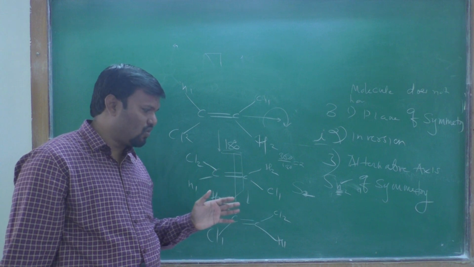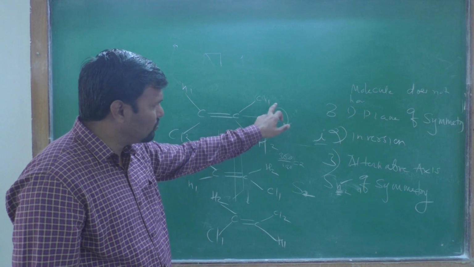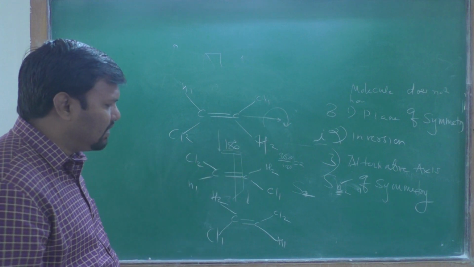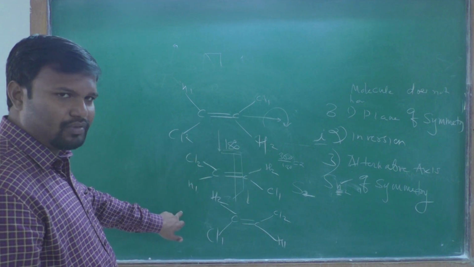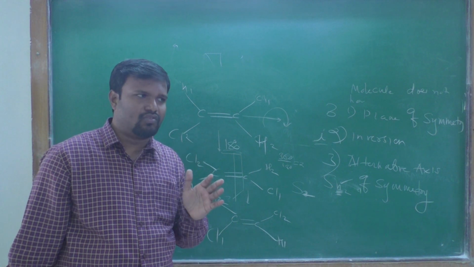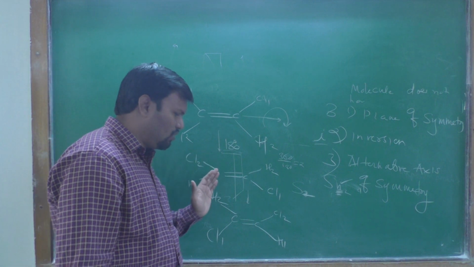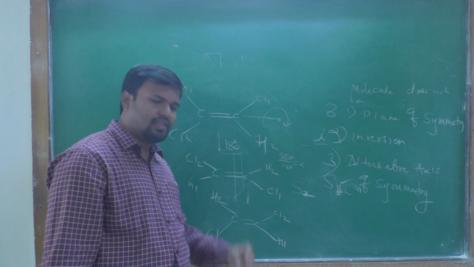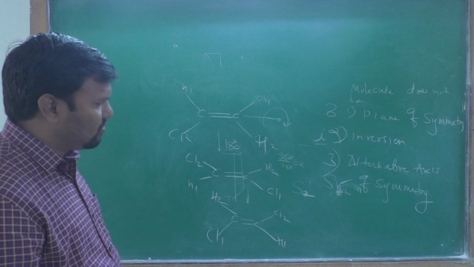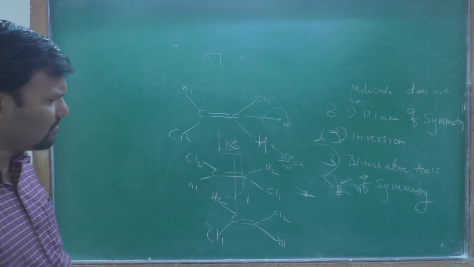Same means identity. Here it is Cl2, Cl1, which is not identity. An equivalent orientation is obtained; first and third are the equivalent orientation. After you rotate the molecule and then pass the plane perpendicular to that axis, you will obtain an equivalent orientation. This is about the alternating axis of symmetry.